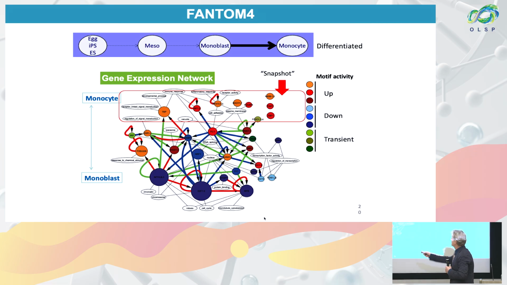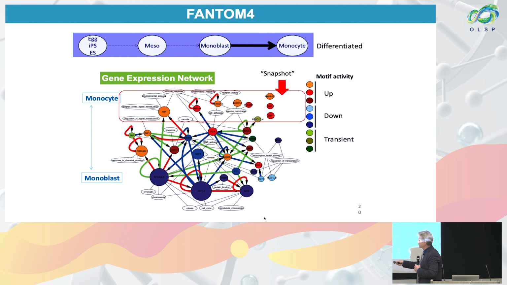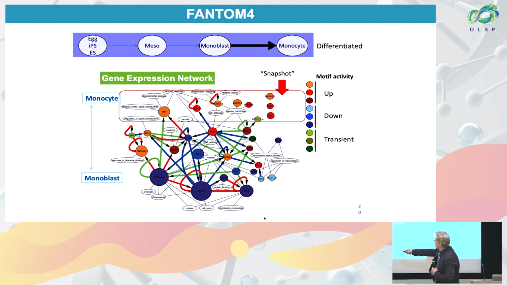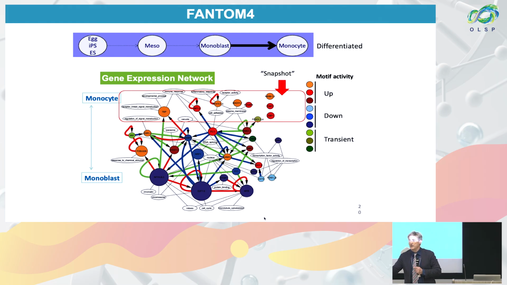And here is just one slide to summarize the whole FANTOM 4 project, where we derive a network of transcription factor binding sites. And apologies, there are names of transcription factors here, but we cannot see them. Essentially, all this network in differentiation from monoblast into monocyte is centered on transcription factors, which is centered on the CAGE signal that identifies promoters that are upregulated or down-regulated.